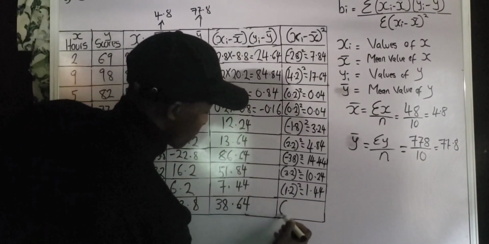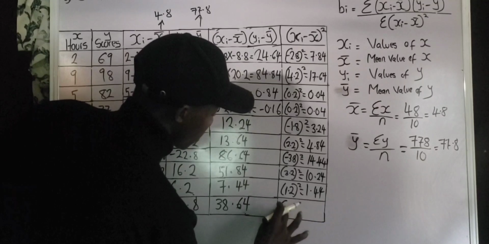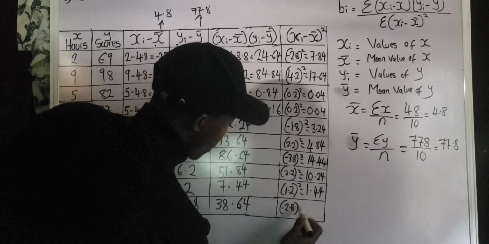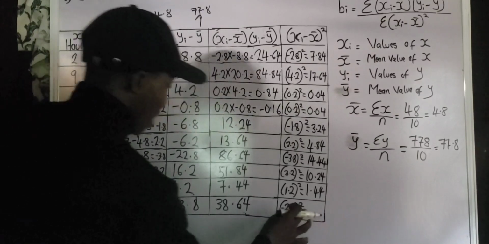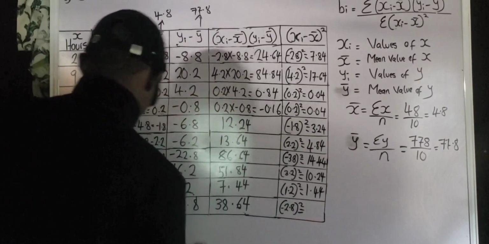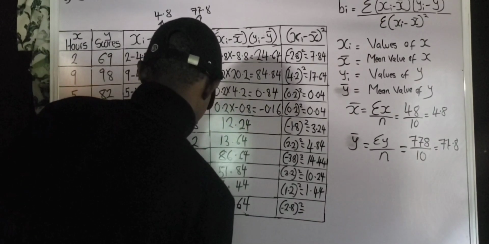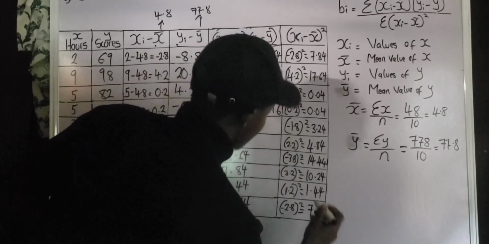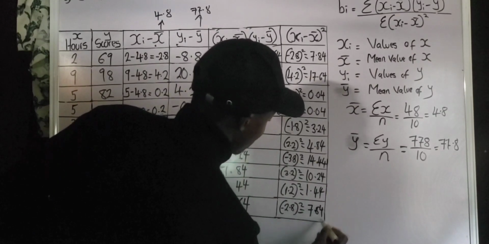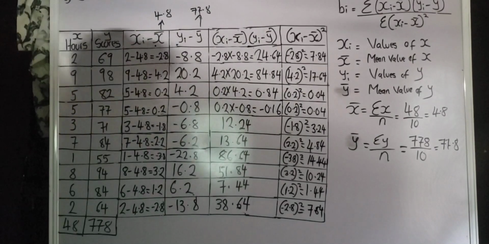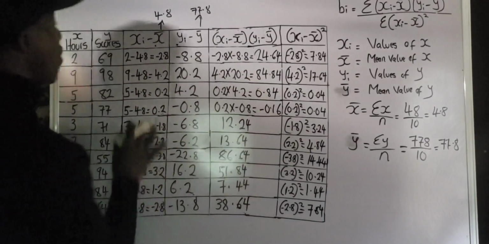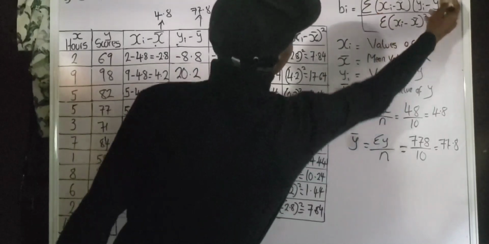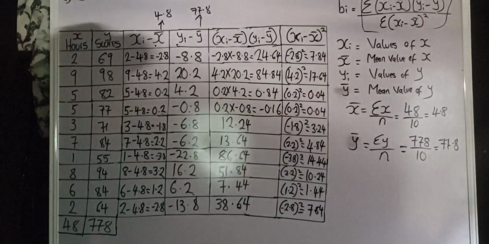So I'm going to have minus 2.8 squared, which is 7.84. So now I have taken the squares. I have gotten all the parameters that I have here.